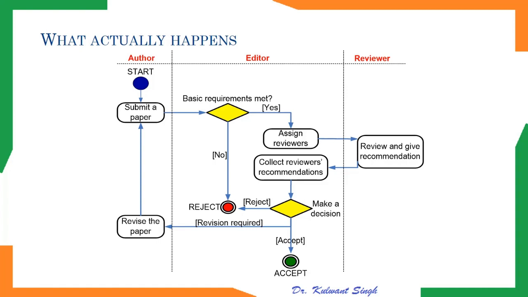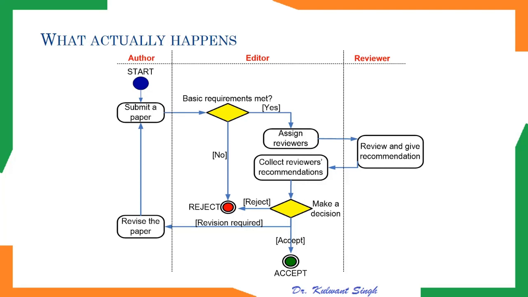The reviewer reviews your article and then gives the recommendation on the basis of their judgment, on the basis of quality, novelty, content, or what new value you are adding to the scientific community by your paper. On the basis of a few parameters, the reviewer gives the recommendation to the editor on your paper.